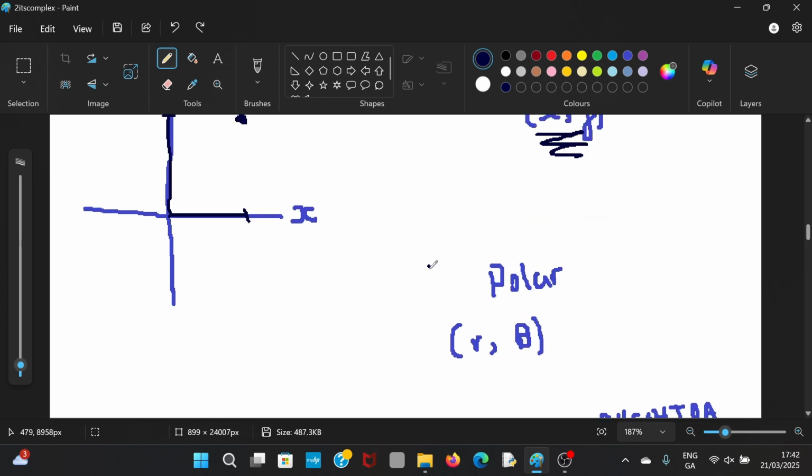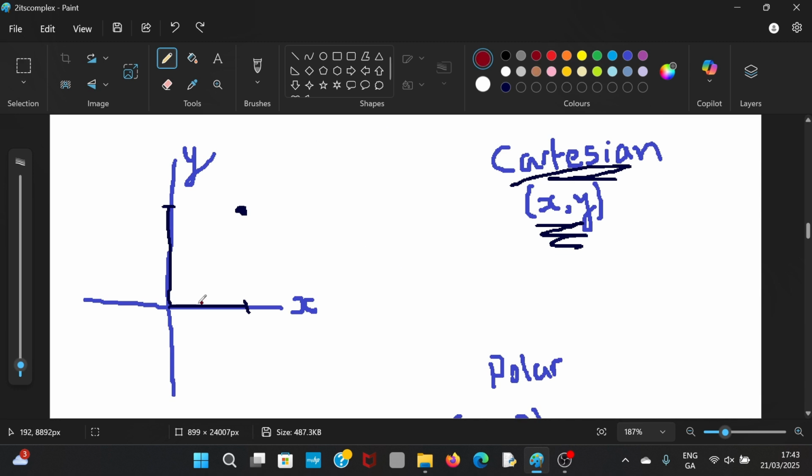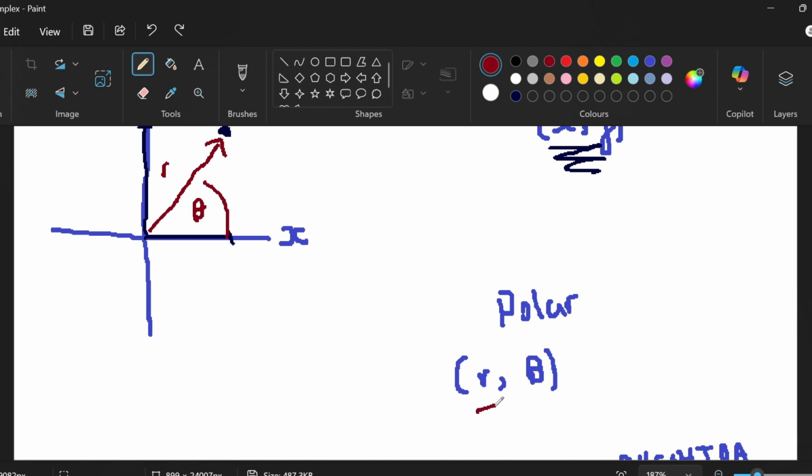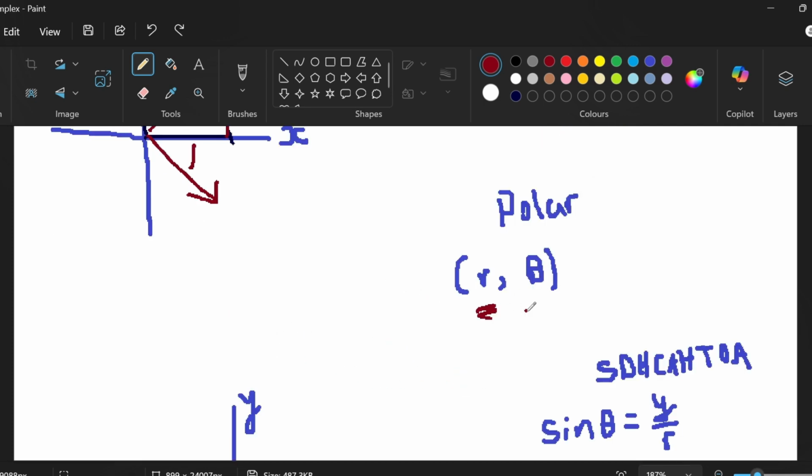But there's also another way of doing this called polar coordinates, where I take the distance from the origin to that point and also the angle from the x-axis. So I can locate a point in the plane by knowing these two things, the distance and also the angle. One important thing to know about this angle is that in the leaving cert, when you're taking the polar form of a complex number, this always needs to be between pi and minus pi.